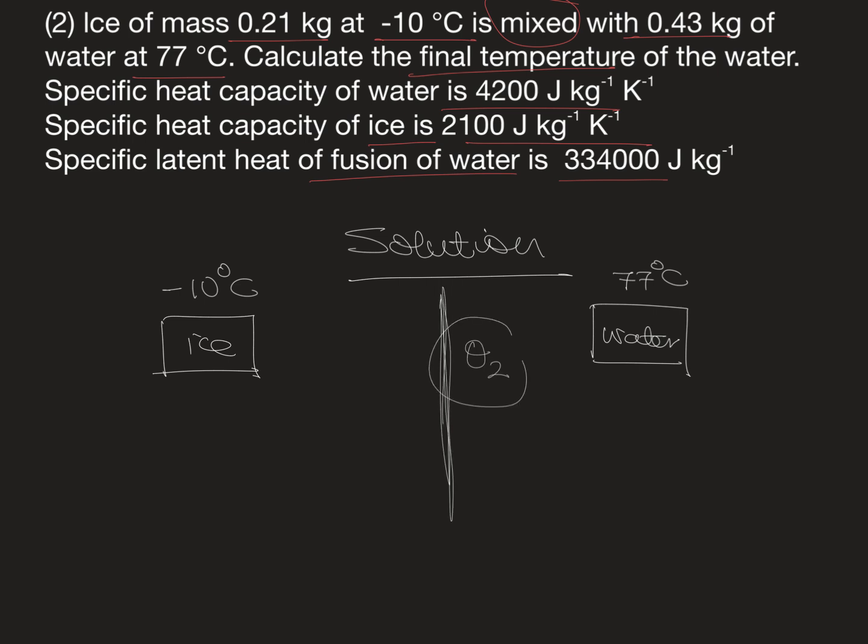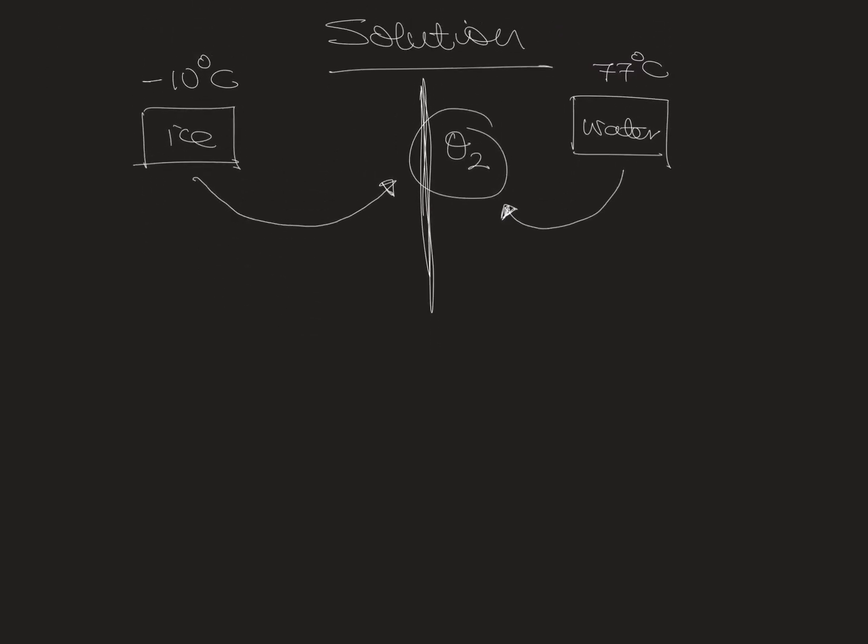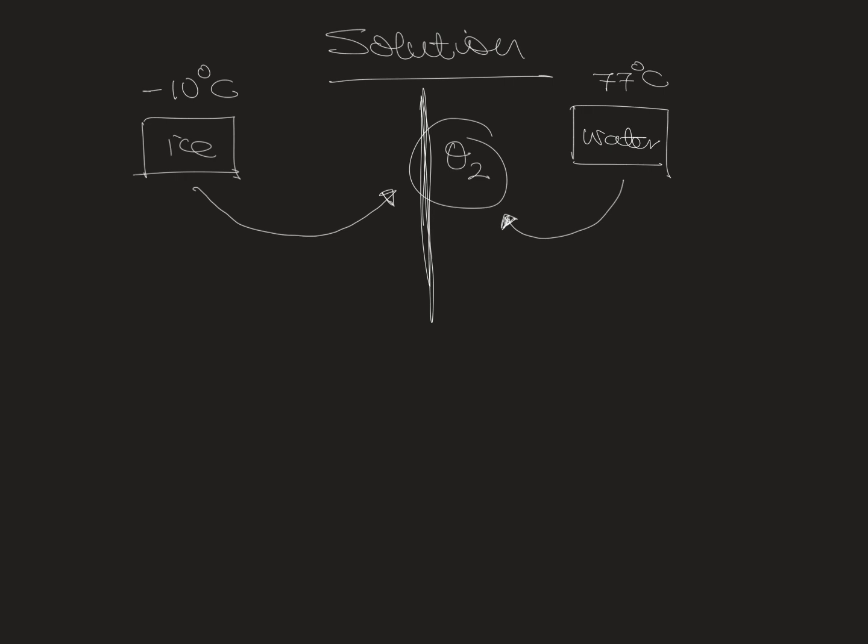Okay, so meaning that the water is going to decrease its temperature to attain theta 2, while ice is going to increase its temperature to attain the steady temperature theta 2. But how will be the transformation for ice? Because it is a solid initially, it has to become water.